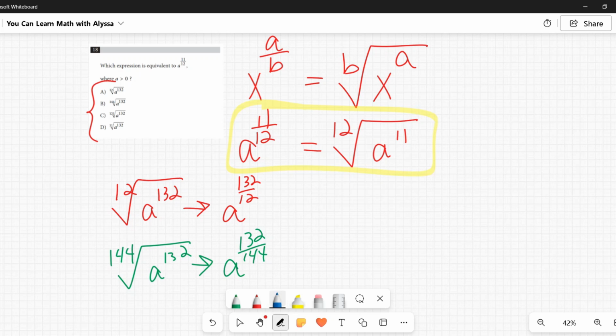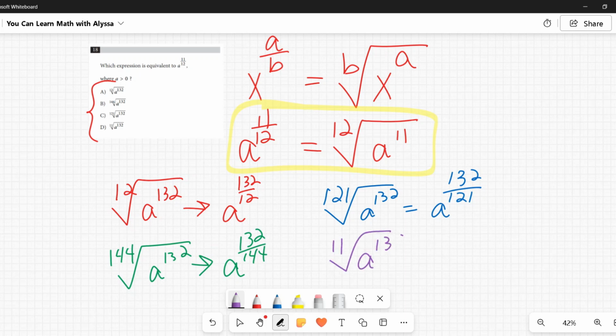Next one is the 121st root of a to the power of 132, and that would be a to the power of 132 over 121. And our last one, let's go purple, is the 11th root of a to the power of 132. So that is going to be a to the power of 132 over 11. And one of these is equivalent to a to the power of 11 twelfths.